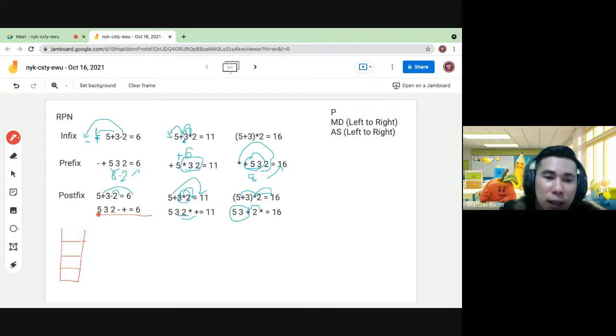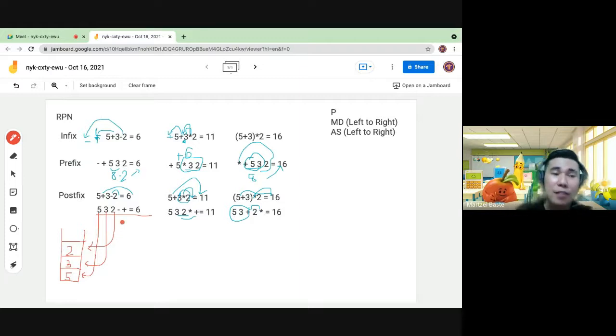So, meaning to say, si 5 ma-push siya, which is 5. Si 3 will also be pushed. And then si 2 will also be pushed. Kasi operand silang tanan. Operand, operand, operand, push. Everything will be pushed to your stack.